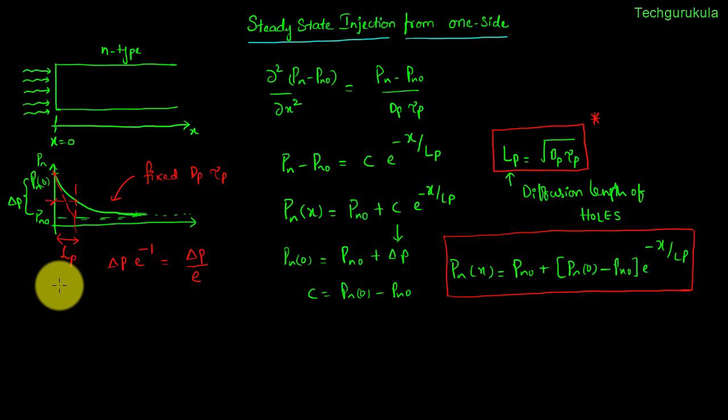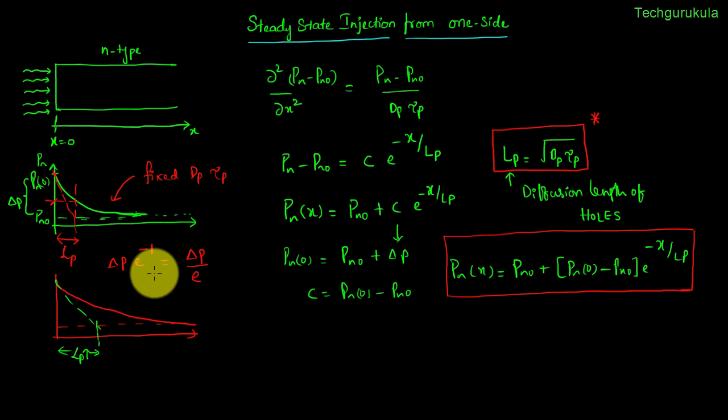As a result, the curve would change like this, where it would take longer for this slope to meet this point, so Lp would have increased when Dp increases. Similarly, when Dp decreases, Lp would decrease.